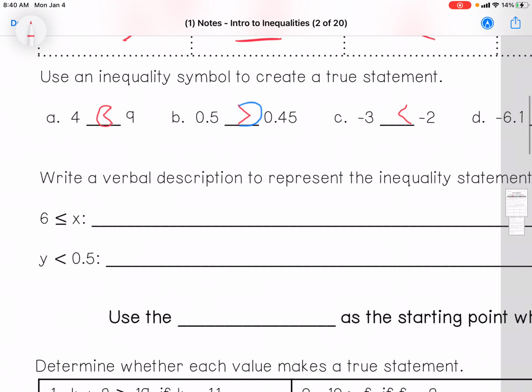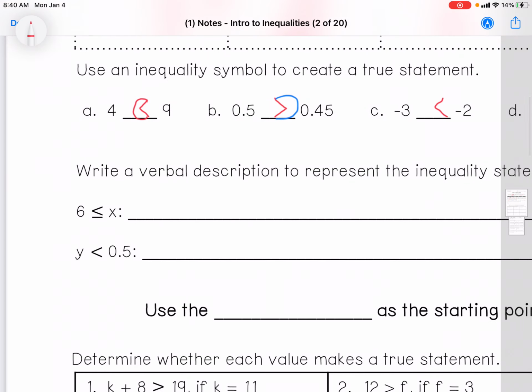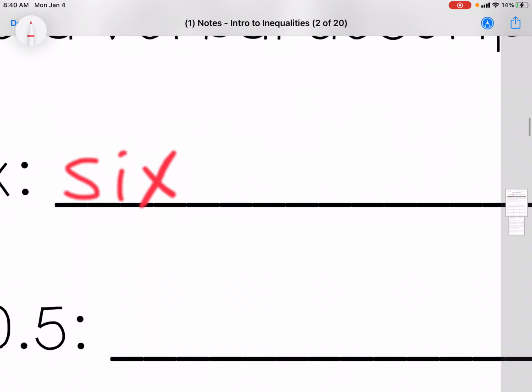It says write a verbal description to represent the inequality statement below. Okay. So the first one, 6. Why 6? Because that's the number.